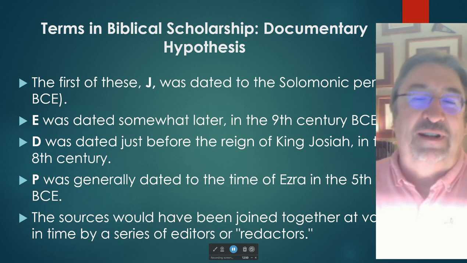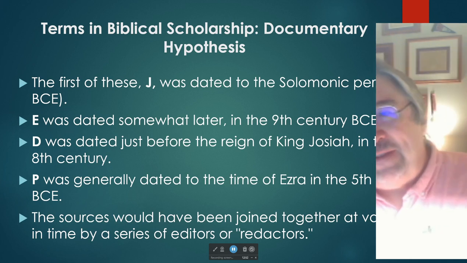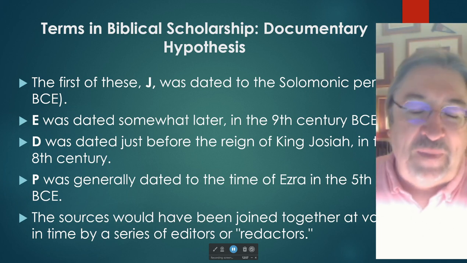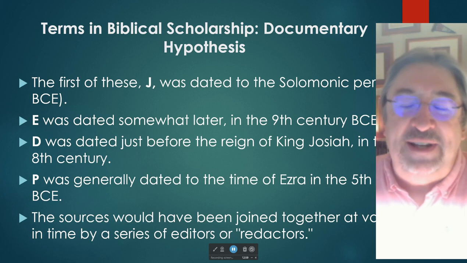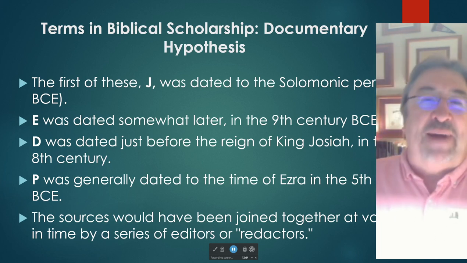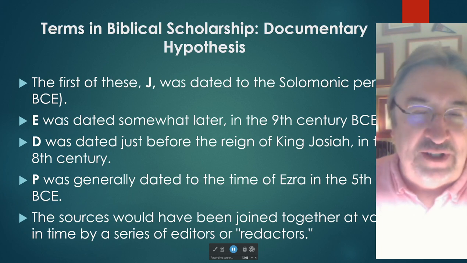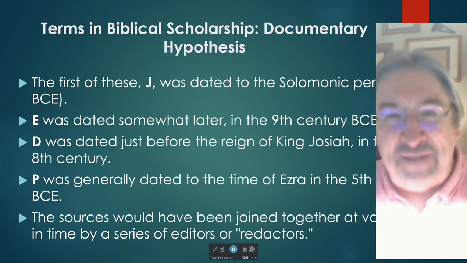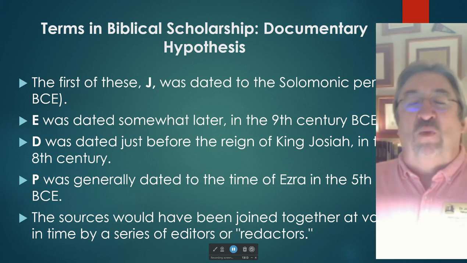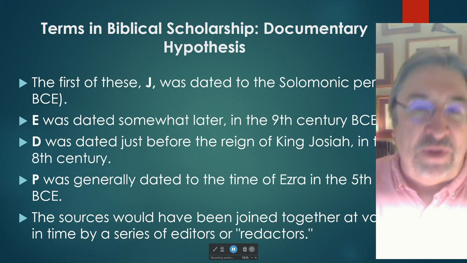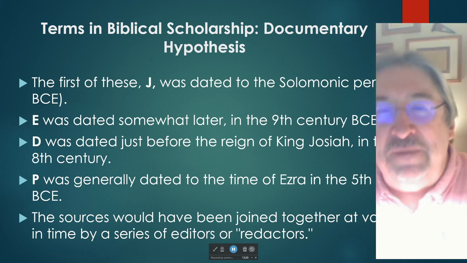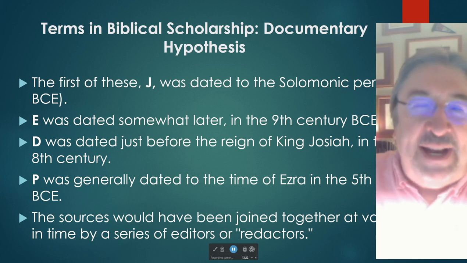The sources across this span of time, across these 500 years, were basically joined together at different points in their history by a series of redactors. In other words, a series of editors who put them together, and not one single author. Okay, that's the documentary hypothesis, and it works for me.